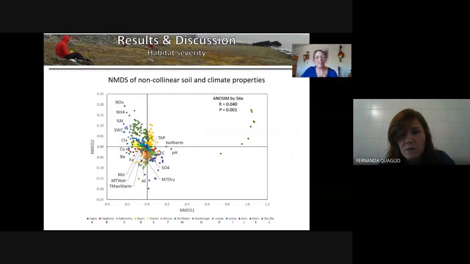There were a lot of site differences in all of these properties that were not explained by latitude or any overarching climate characteristic.